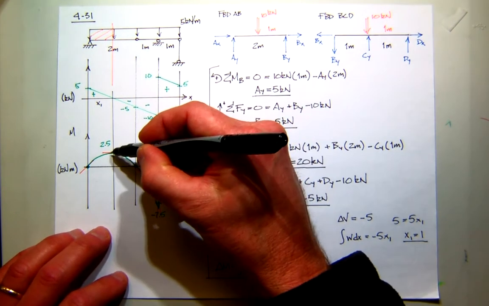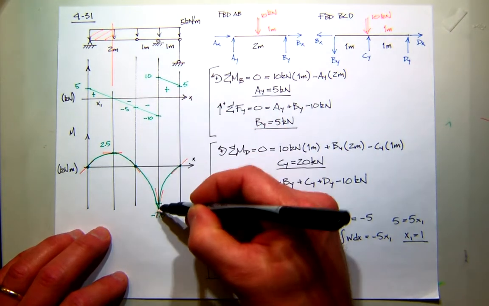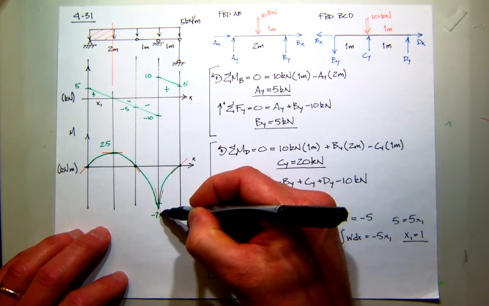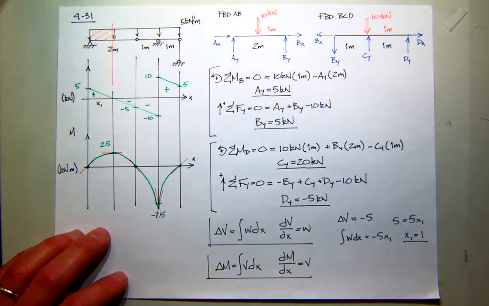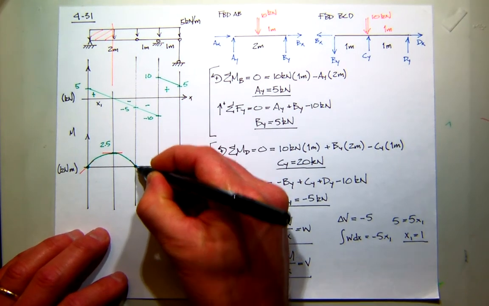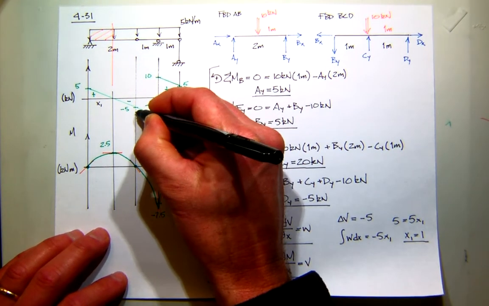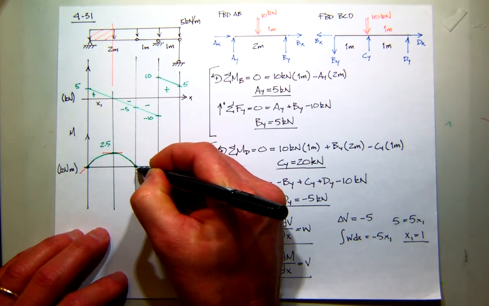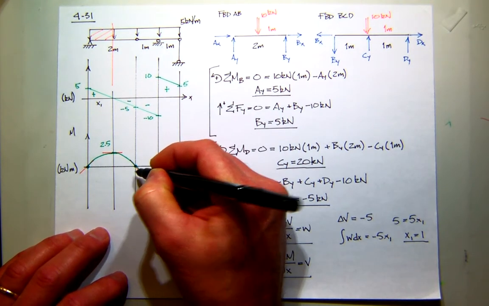So 2.5 minus 10 gets you to 7.5. Okay. It still works. I just wanted to make sure that I actually hit 0 here, so that's why I stopped the area at that point, to make absolute sure that I had 0 moment at my hinge.